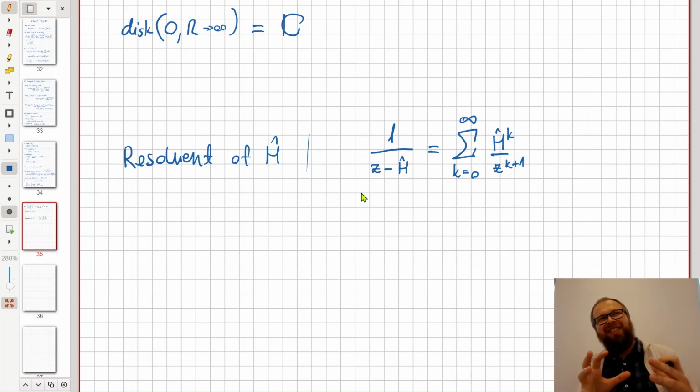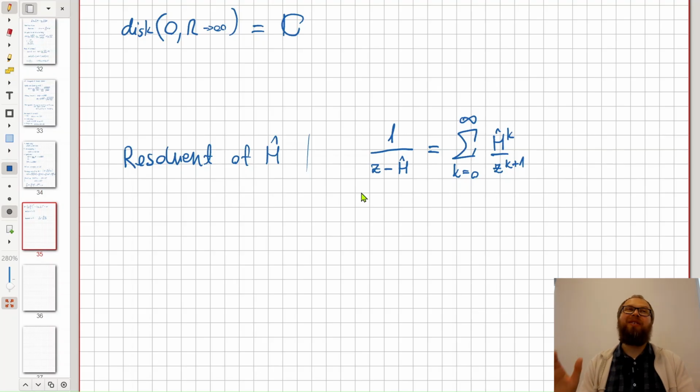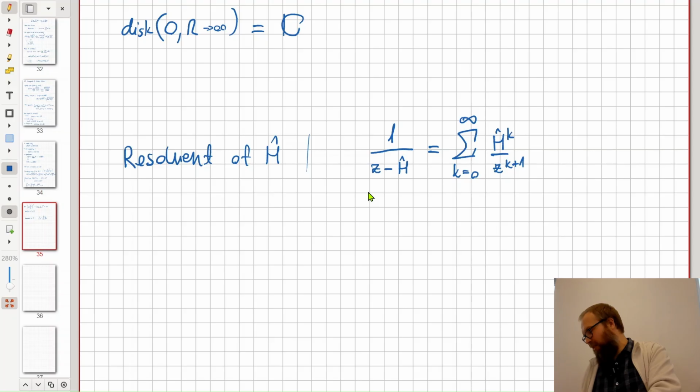If it converges, then the radius of convergence, or the domain where it converges, would be something non-trivial. It won't be the whole space for sure. There will be some conditions, so let's check out those conditions.